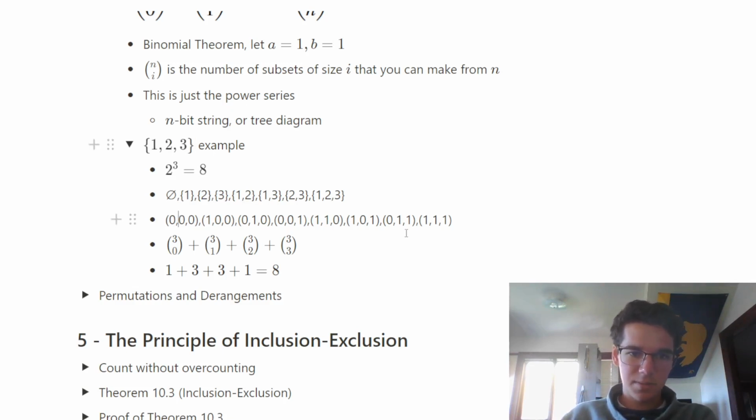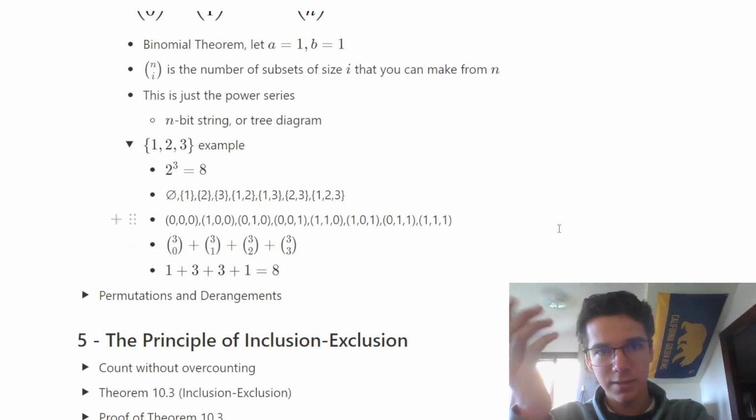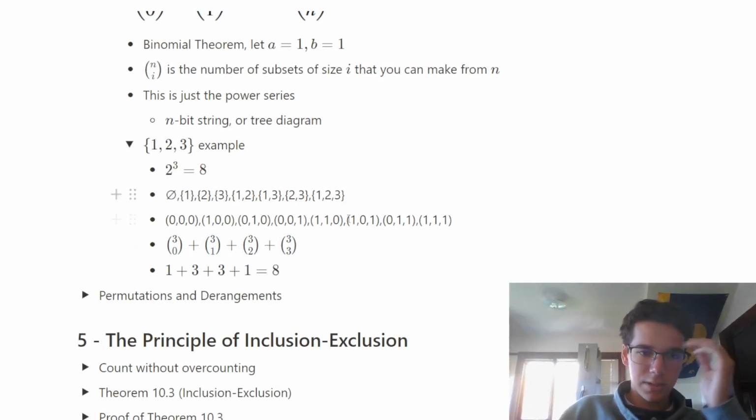There's also a bit string representation, which they really like sliding in. It must be important, I guess. But as we can see, 3 choose 0 is just equal to the empty set. 3 choose 1, how many unique subsets of size 1 can we generate? That would be 1, 2, and 3. How many subsets of size 2? That would be 1, 2; 1, 3; 2, 3.